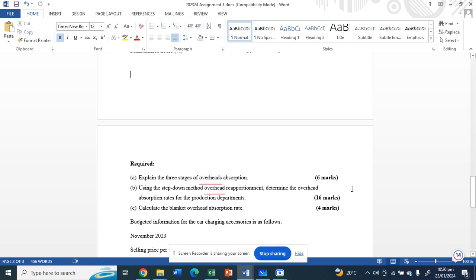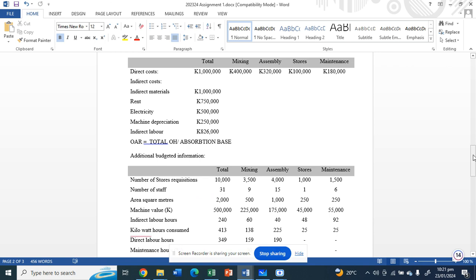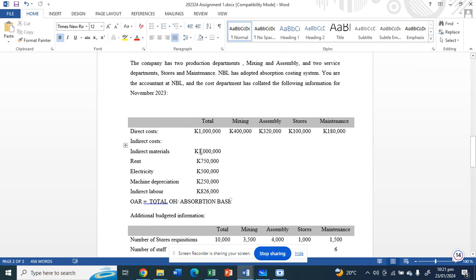So stage one, that's where you do the overhead allocation and the overhead apportionment. Overhead allocation is just where you allocate the costs to the relevant department. Overhead apportionment is all about sharing the overheads amongst all departments.